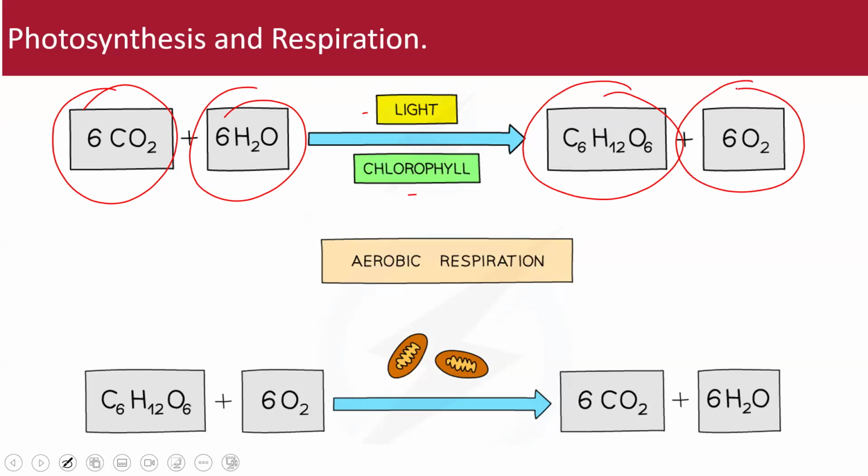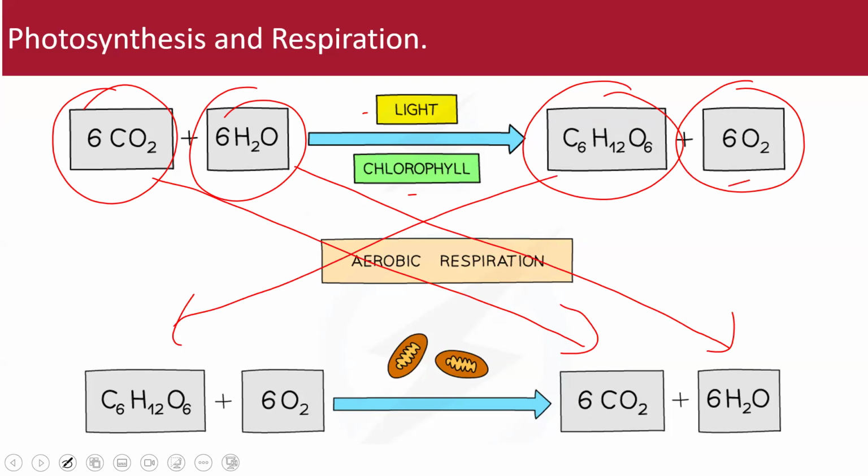If they ask for the actual formula itself, make sure you put the sixes, but I'd be very surprised. And don't forget, respiration is exactly the same thing, but the other way around.